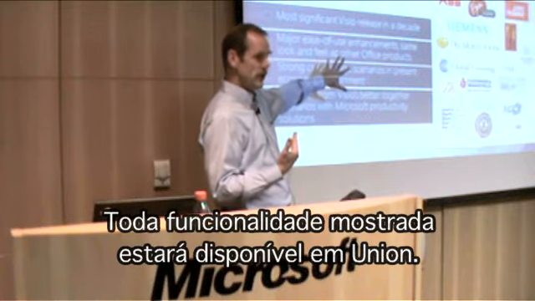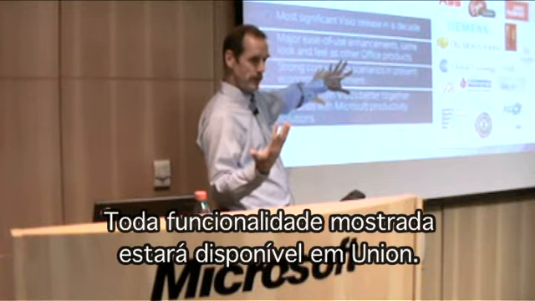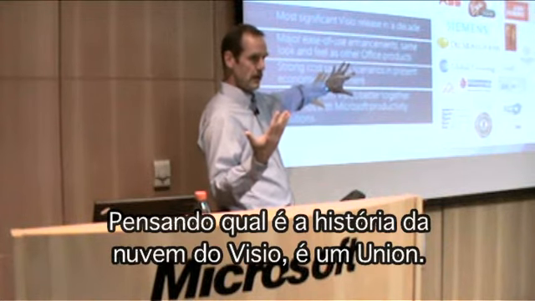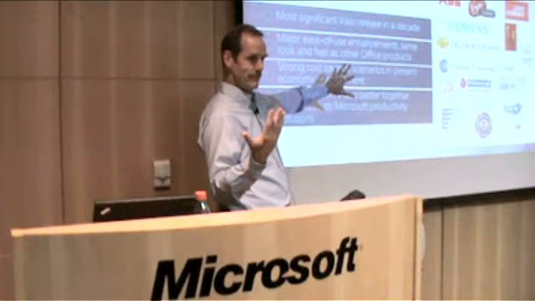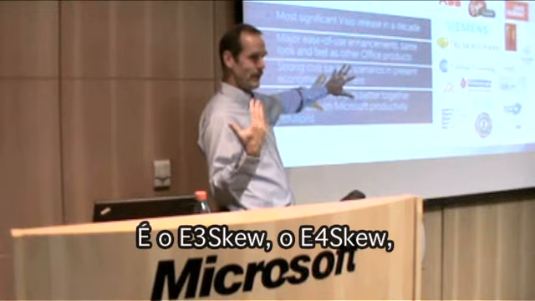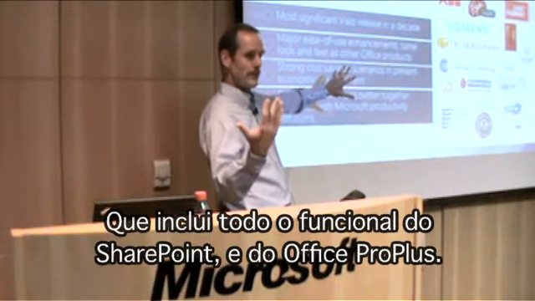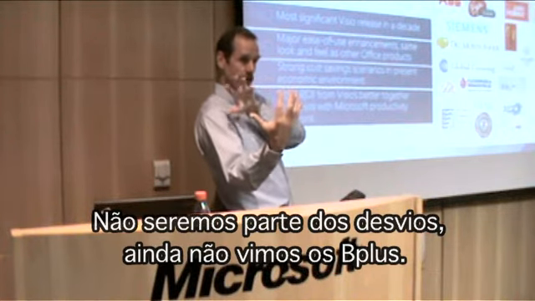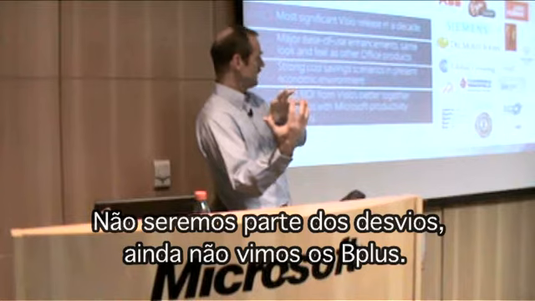All the functionality I've showed you will also be available in Union. So if you think about what is Visio's cloud story, it's Union. It's the E3 SKU, the E4 SKU. It's the ones that include full SharePoint functionality and Office Pro Plus. We won't be part of those SKUs, if you've seen the BPOS SKUs yet.